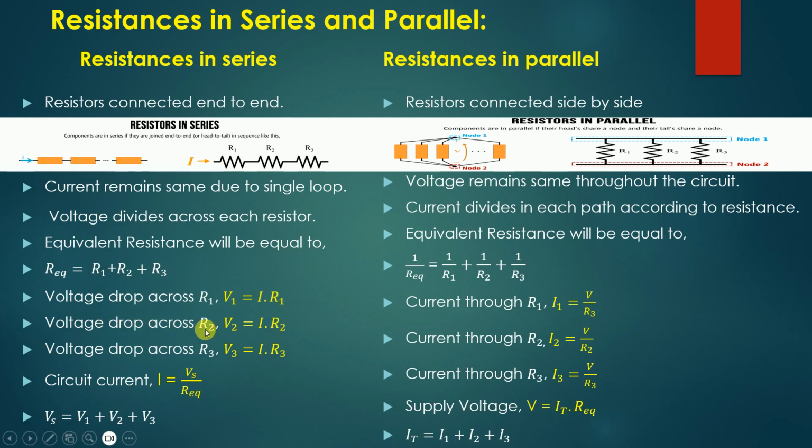Similarly, the voltage drop across R2 is I times R2, and the voltage drop across resistor R3 is V3 equals I times R3. Now you can see that in these three formulas I remains the same, because we already studied that in a series circuit the current always remains the same due to the single loop. Now if we have to find the total current, then this formula will be used.